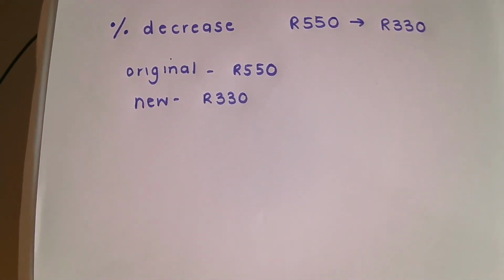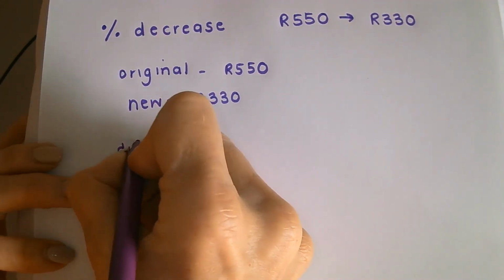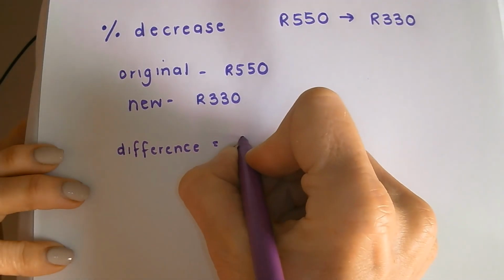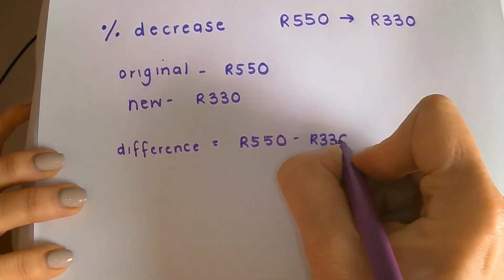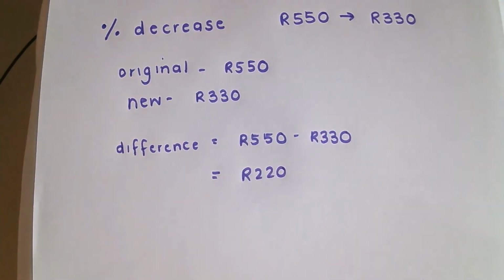Now remember carefully, we want to see what percentage we have decreased this by. So we need to work out the difference. The difference is going to be 550 rand minus 330 rand. Feel free to do a sum if you need it, and you get 220 rand.